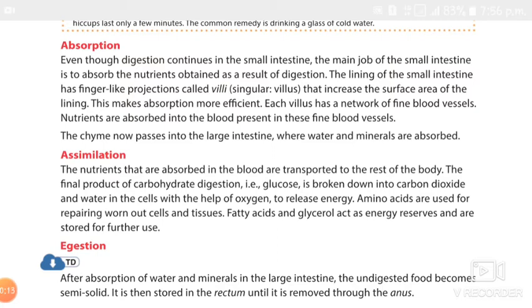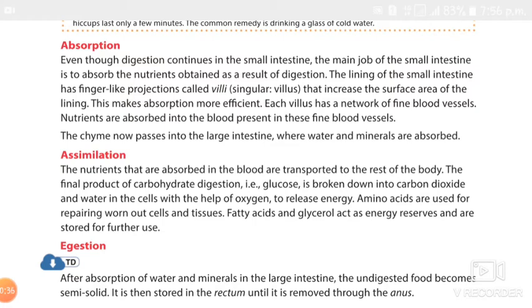Even though digestion continues in the small intestine, the main job of the small intestine is to absorb the nutrients obtained by the digestion process. The inner wall of the small intestine is lined with thousands of small finger-like projections called villi.